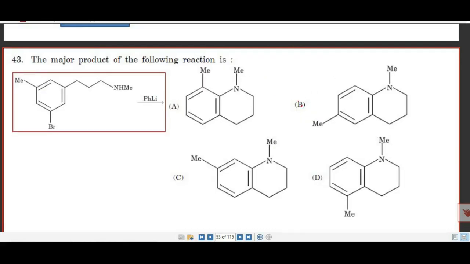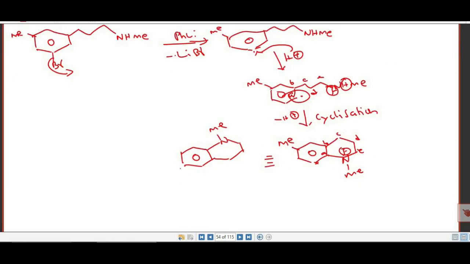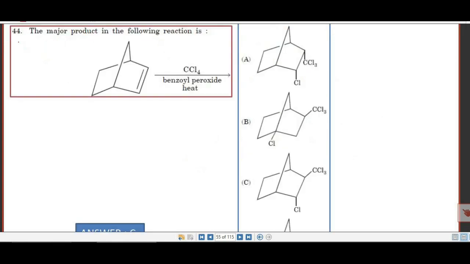Option B is correct. So here the Me is formed here. Me will come here.